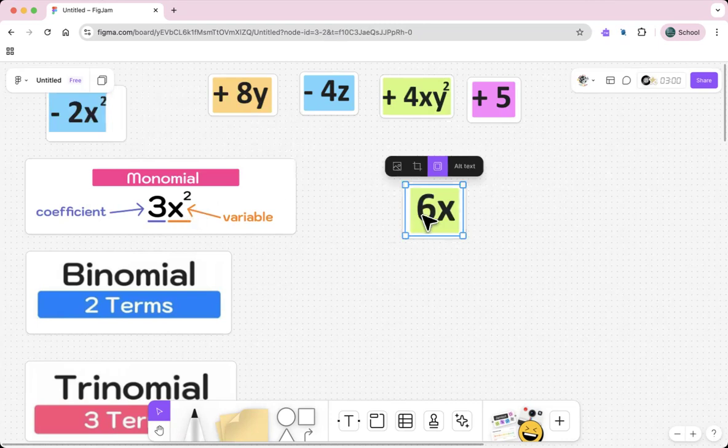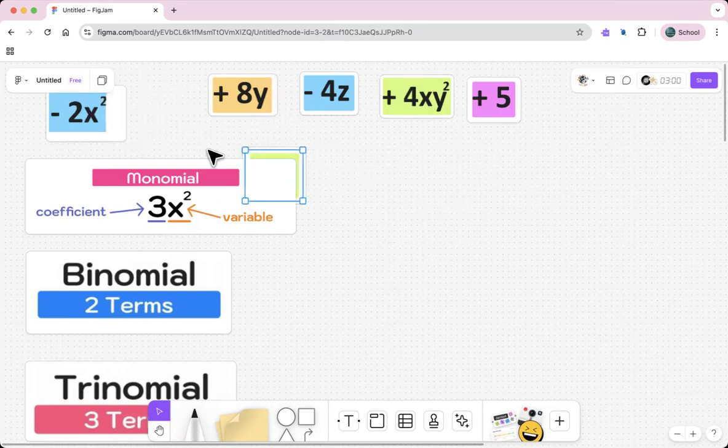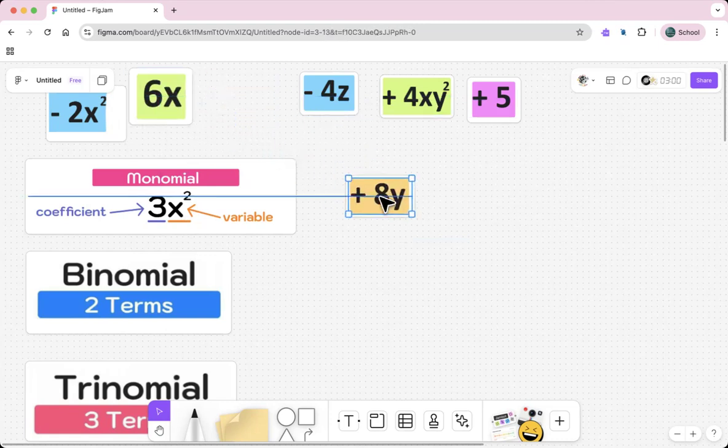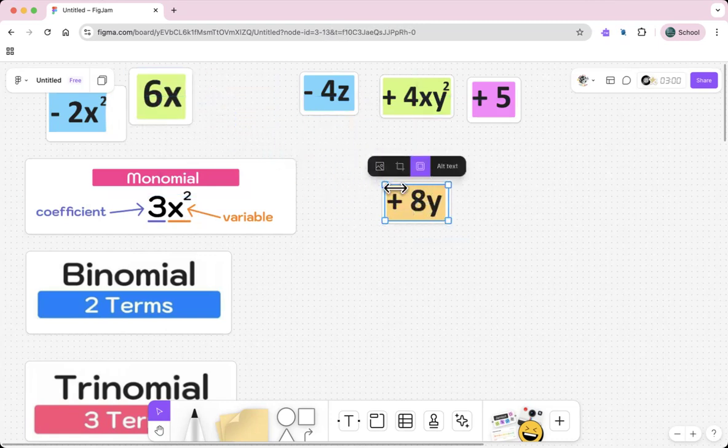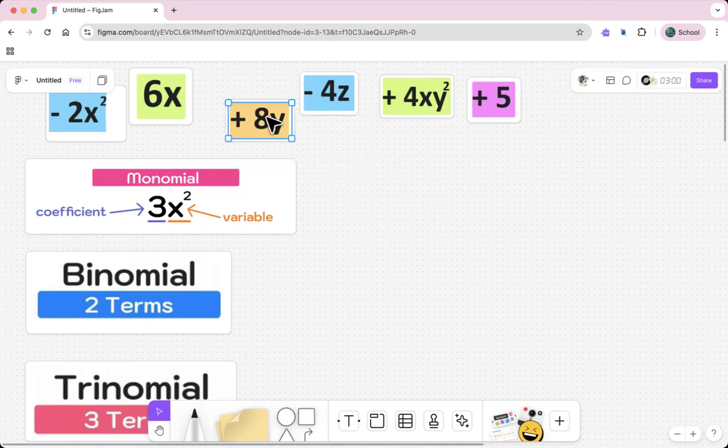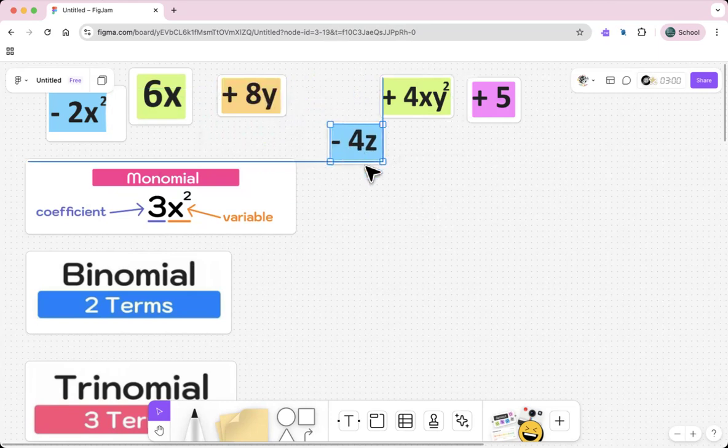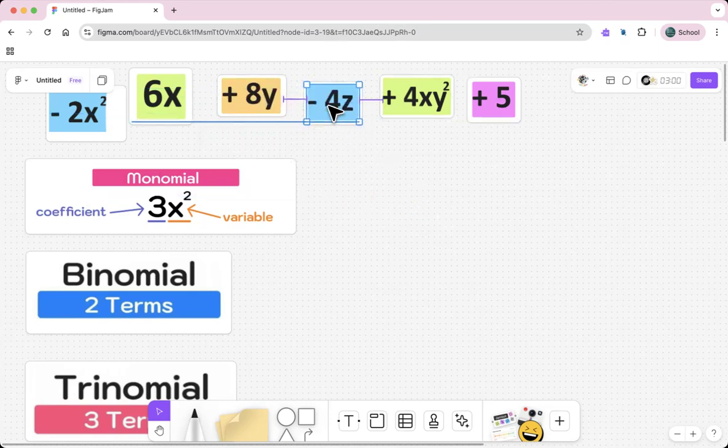So x squared and x are not like terms because they don't have the same power. 8y by itself would be a monomial. We could not combine 8y with 3x squared because our variables and powers are not the same. Same thing with negative 4z.